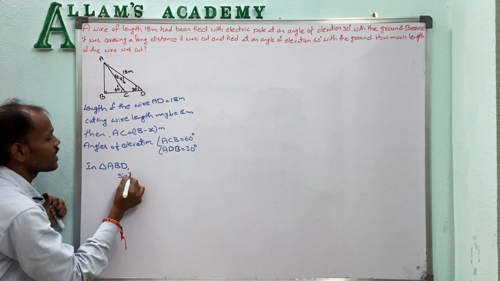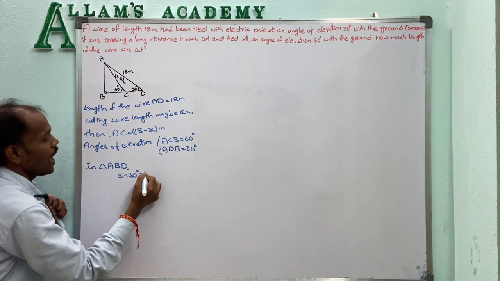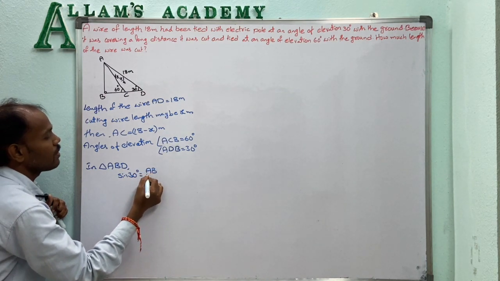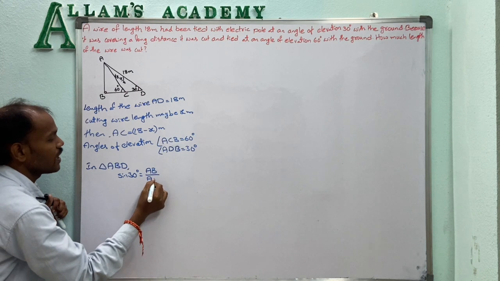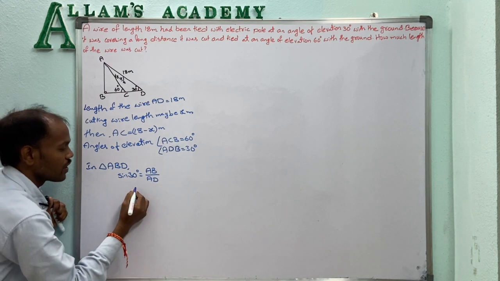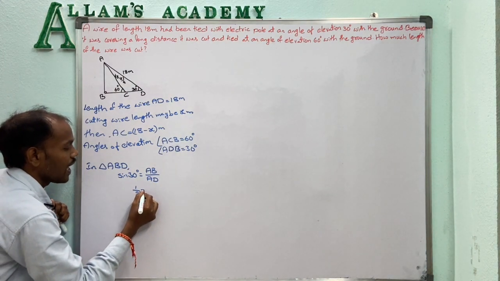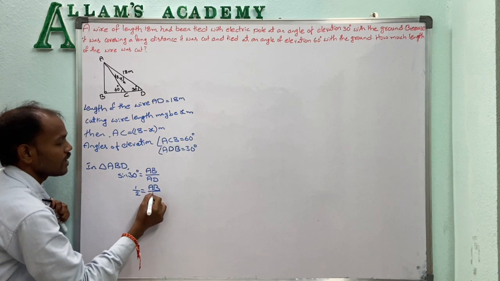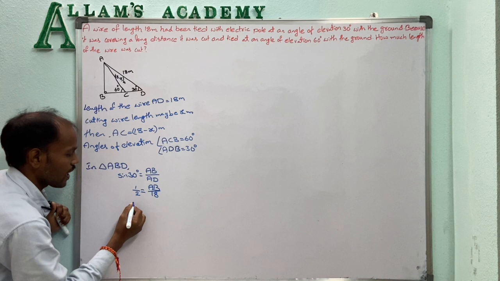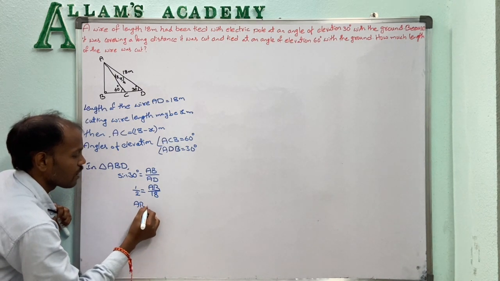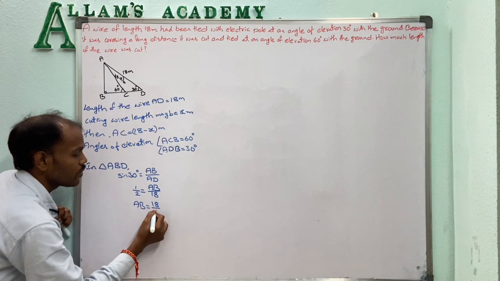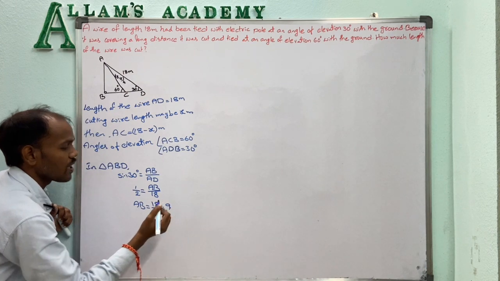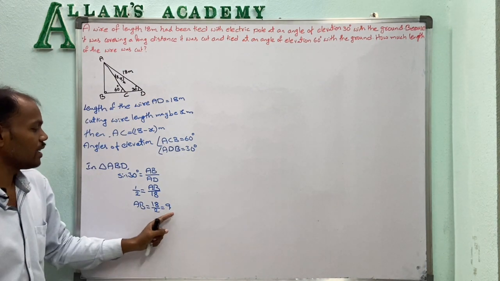Sin 30 degrees equal to opposite side AB by hypotenuse AD. Sin 30 value is 1 by 2, AB value we don't know, AD value is 18 meters. By cross multiplication, AB equal to 18 by 2, that is nothing but 9.